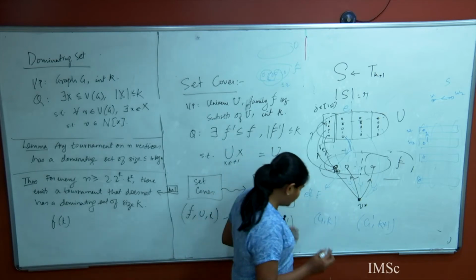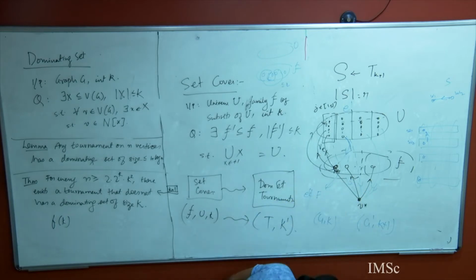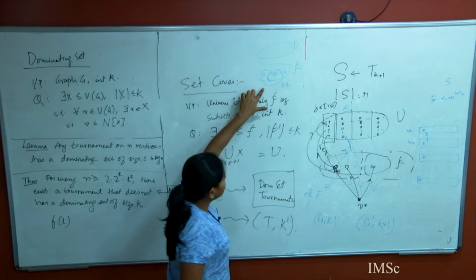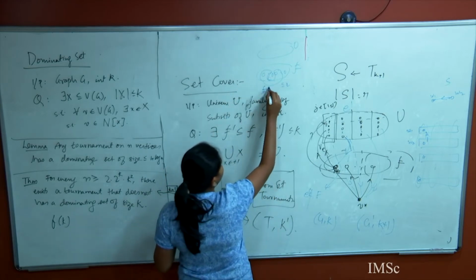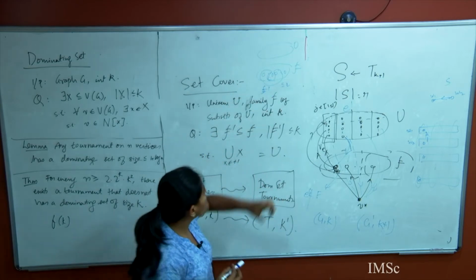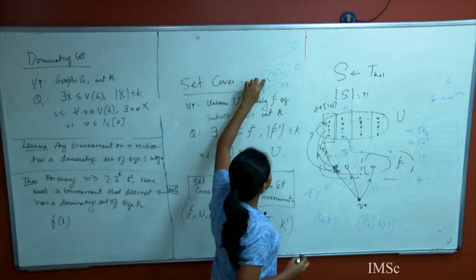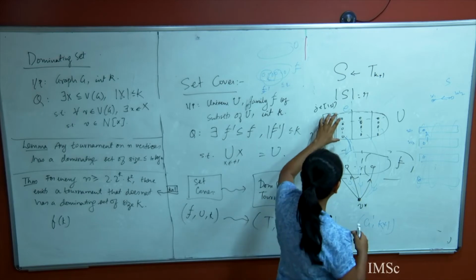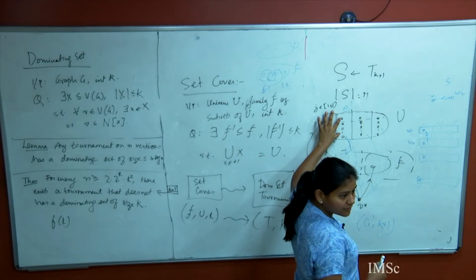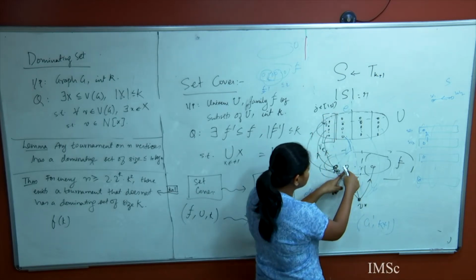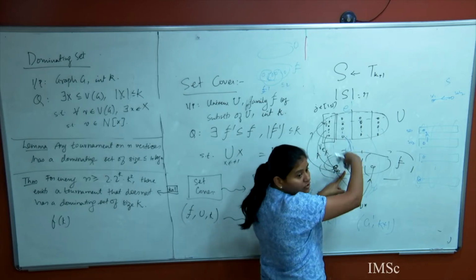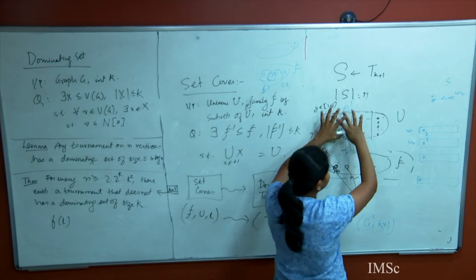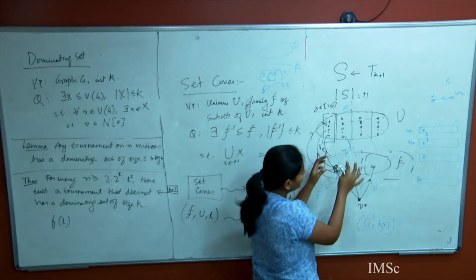Notice that because of the way we have added the edges between this and this, and because this subfamily F prime is a solution, for every element in the universe there is a set which contains it. So if you look at any vertex here, there is a vertex that dominates it, because that is how I have added the edges.